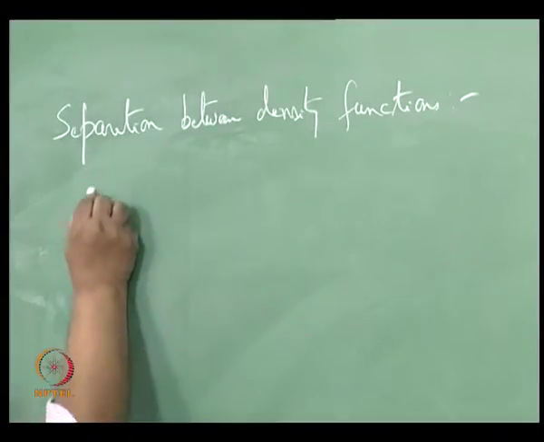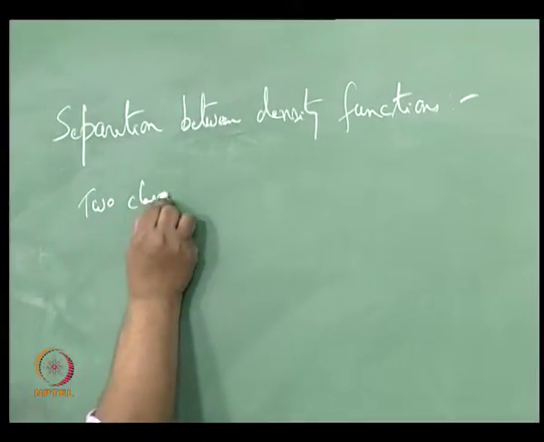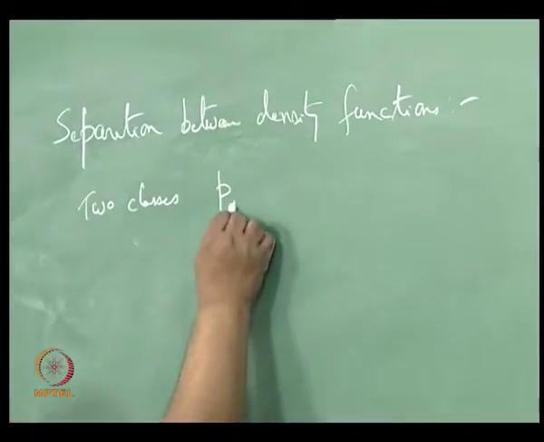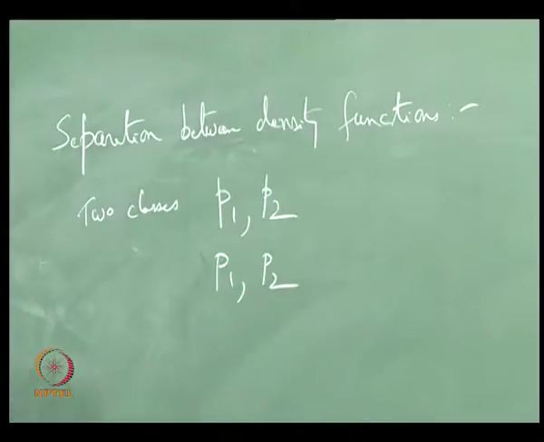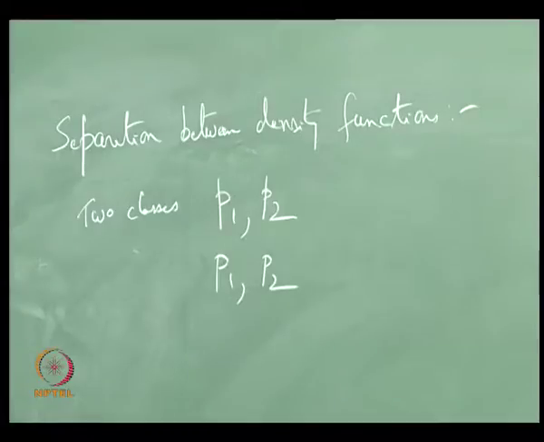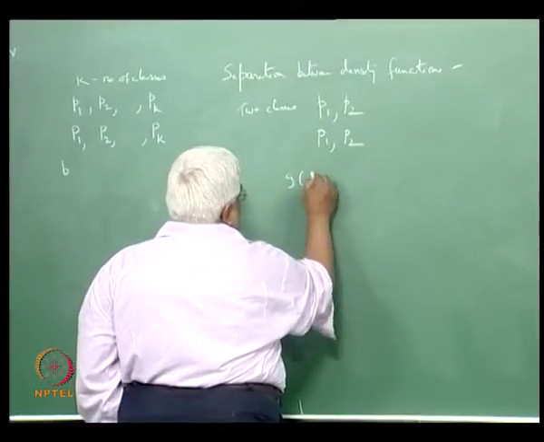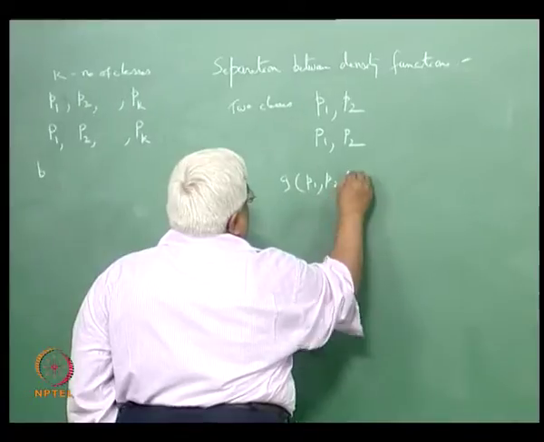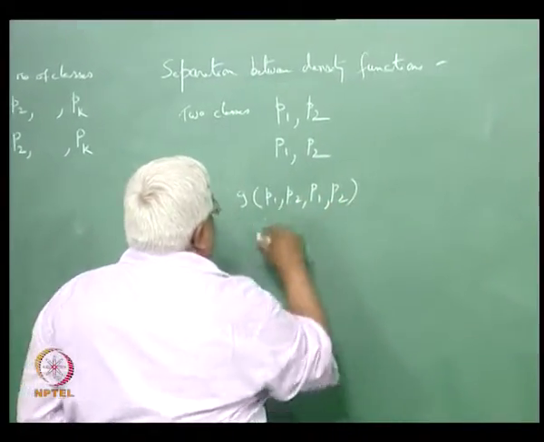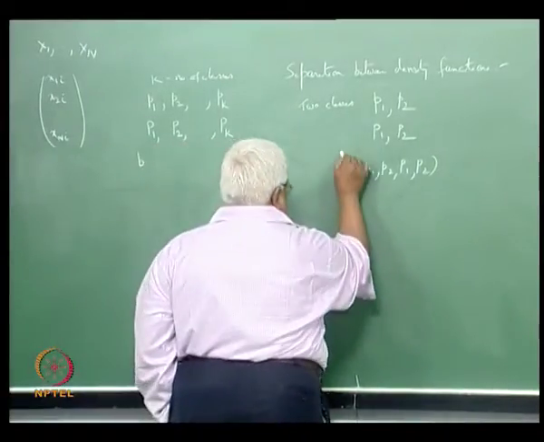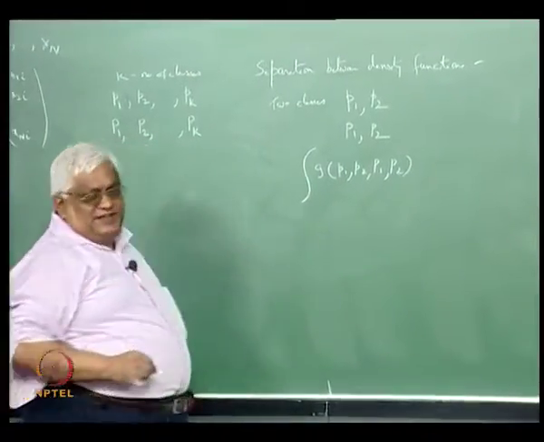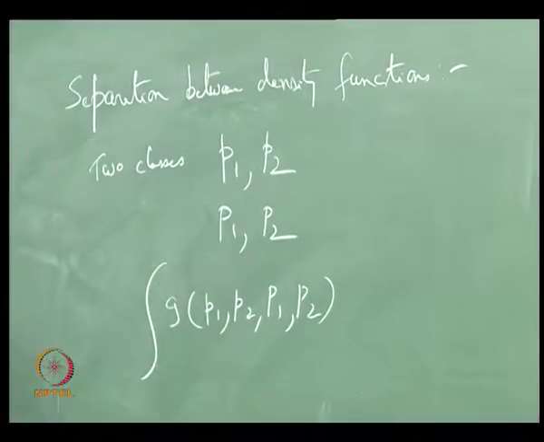So, you have say two classes. So, you have density functions p1 and p2, you have prior probabilities P1 and P2. Okay. Now, you need to define a function, you need to define some g, some sort of integration may be done, okay.